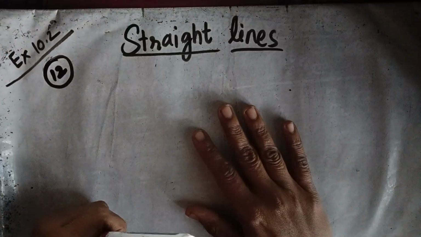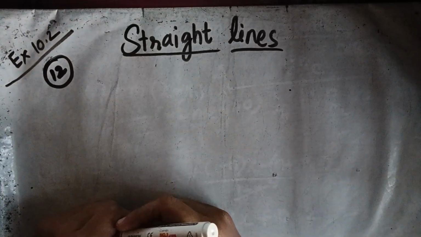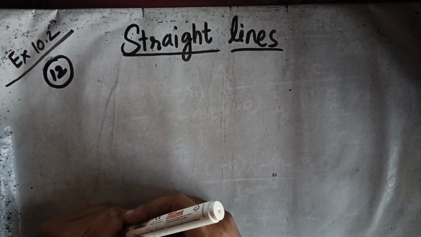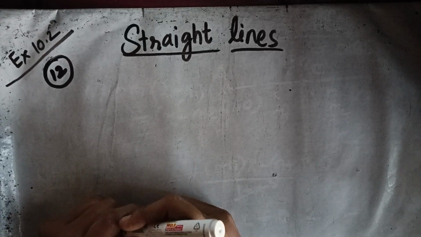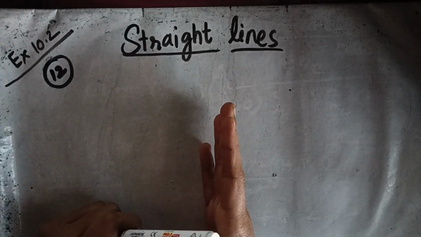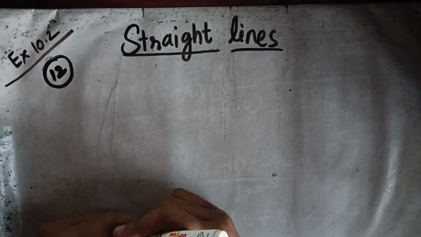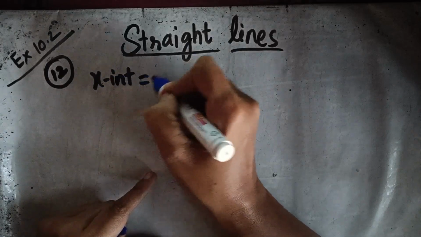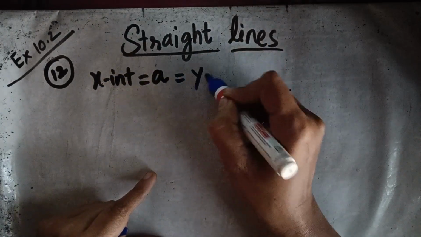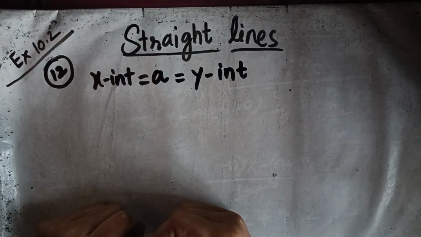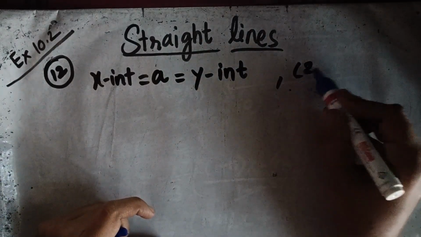Question 12. Find the equation of a line that cuts off equal intercepts on the coordinate axes and passes through the point (2, 3). Okay, so equal intercepts means if you have an x-intercept, say a, then it is equal to the y-intercept. And there is a point which is given, that is (2, 3).